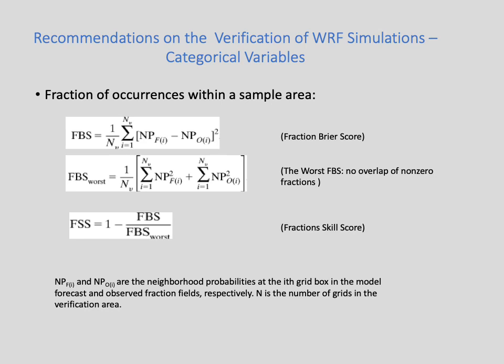The fractions Brier score compares grid fractions between forecast and observations. The worst possible fractions Brier score is the one when there is no overlap of non-zero fractions. Fractions skill score can be constructed based on the fractions Brier score and the worst fractions Brier score.